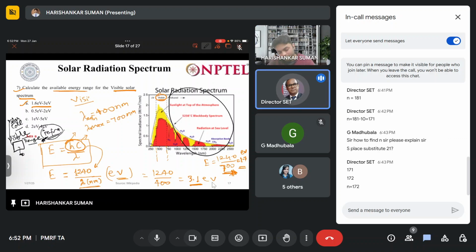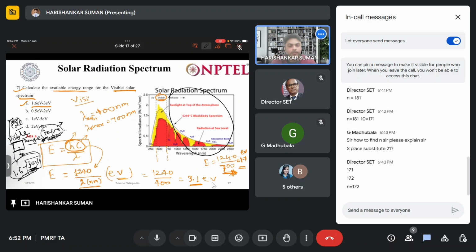Sir, for infrared, it is not useful. Yeah, because the material did not absorb. Infrared energy is less than the band gap of the material, because our material's band gap lies between 1.6 and 3 electron volt, and let's say our material has 3 electron volt. That much energy is required.